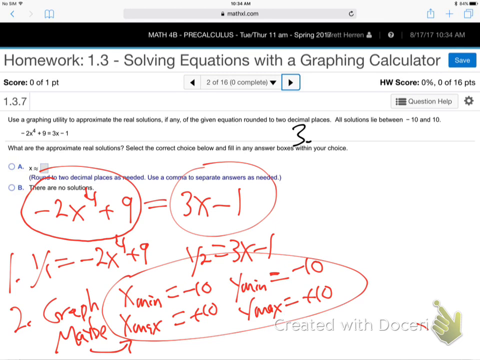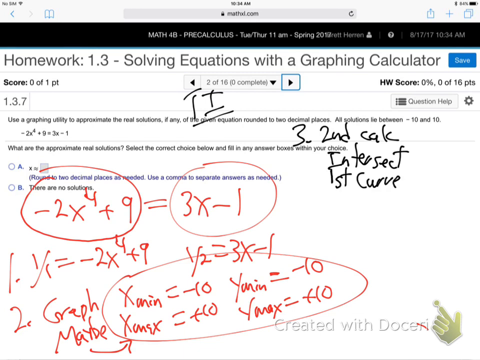So then number 3, you choose second calc on the TI. This is TI instructions again. Second calc, and then what was it? Intersect. And then just first curve, just hit enter. Second curve, just hit enter.